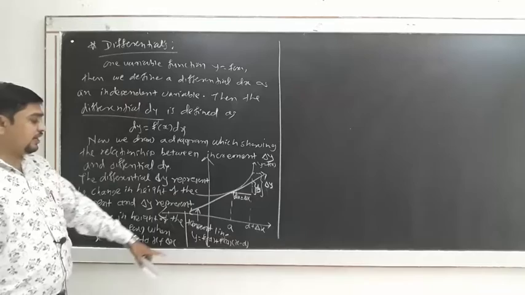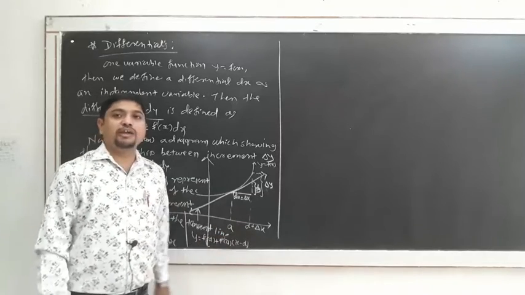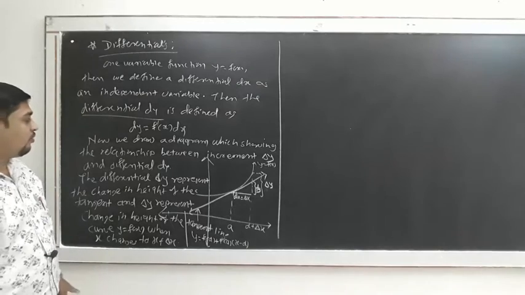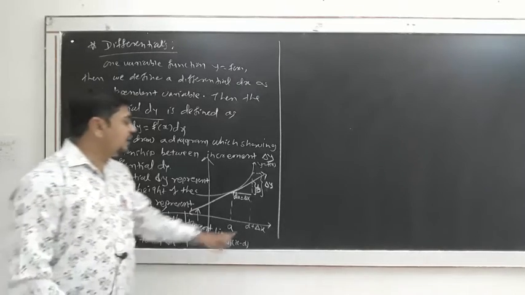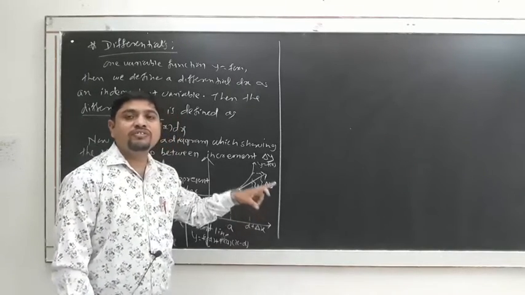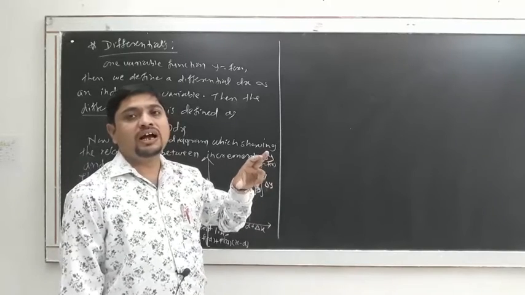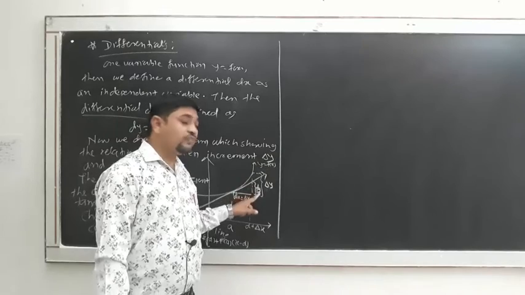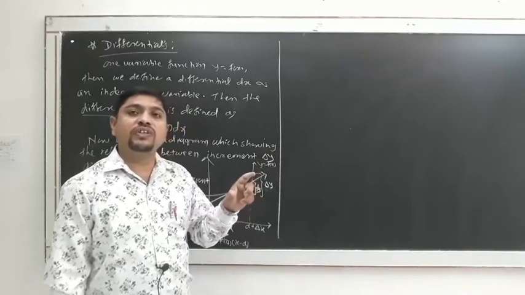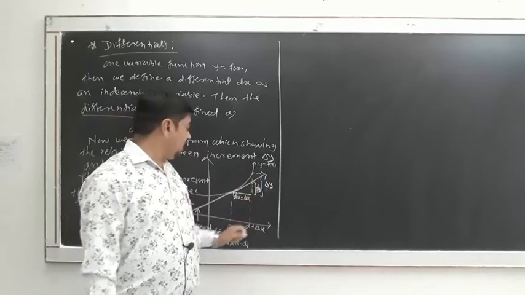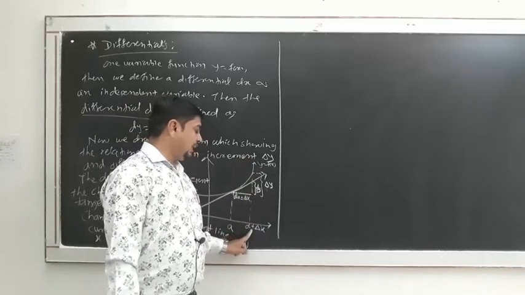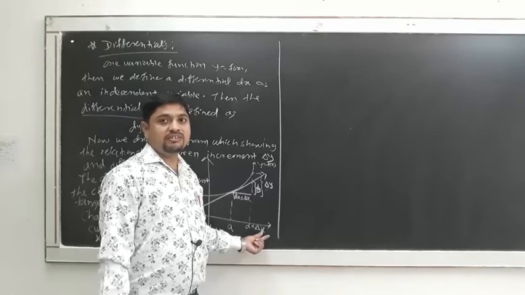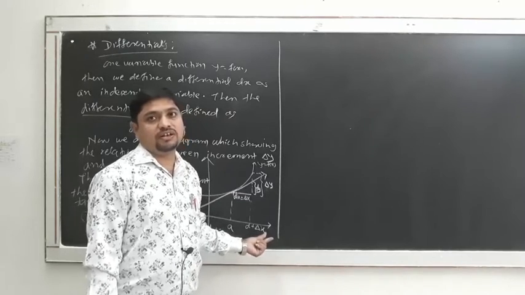Or you can write when a changes to a plus delta x also, no problem. This means the increment in y is just the change in height of the curve, and this differential is the change in height of the tangent when a changes to a plus delta x.